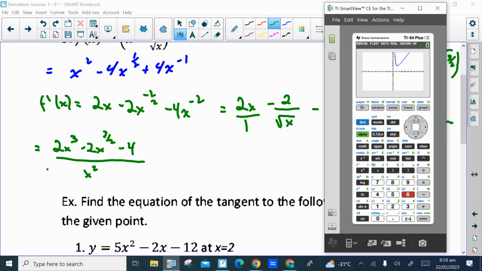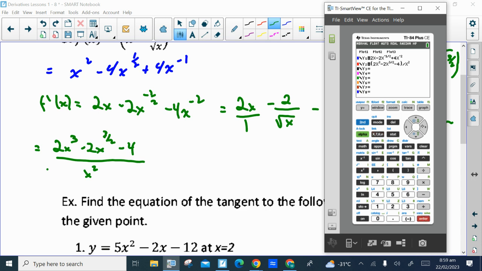Well, when I put our simplified expression in, I would use brackets to keep the numerator together. 2x to the power 3 minus 2x to the power 3 over 2 minus 4, all in brackets, divided by x squared.